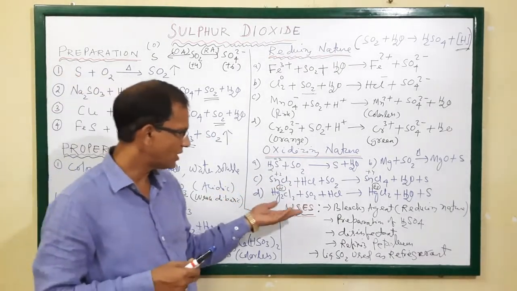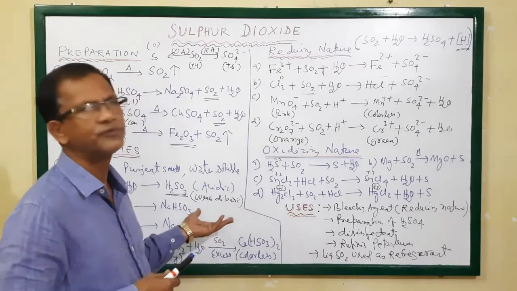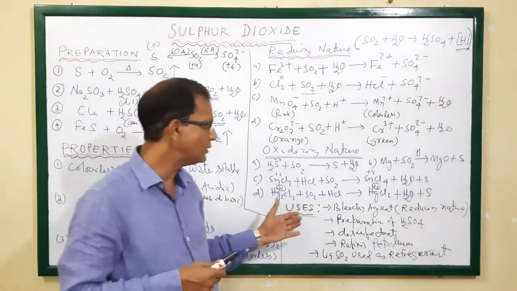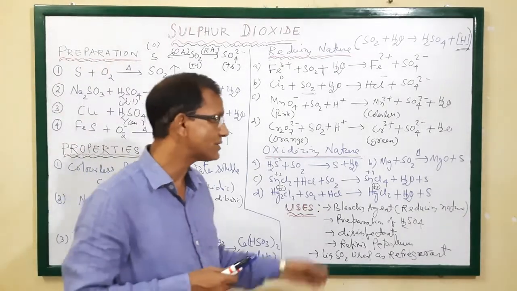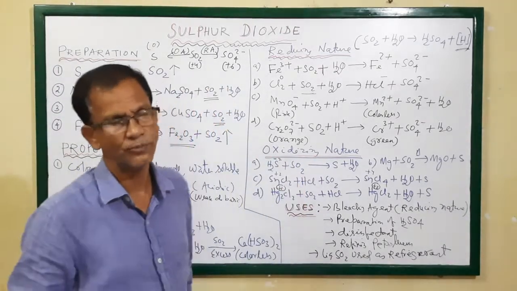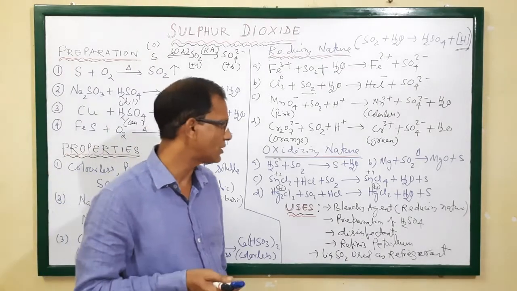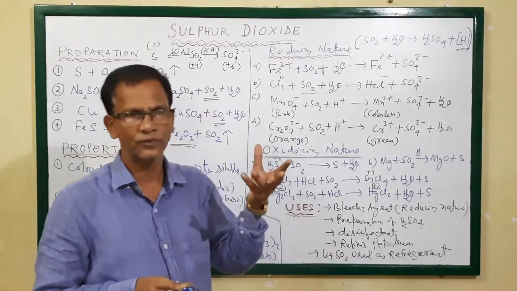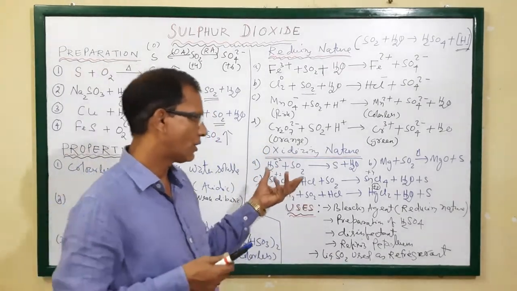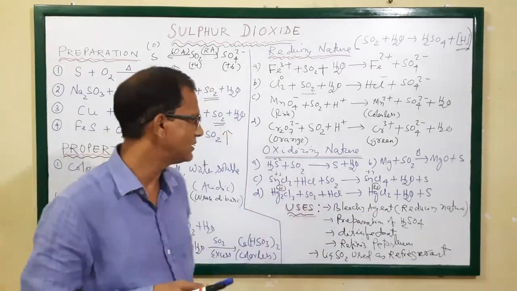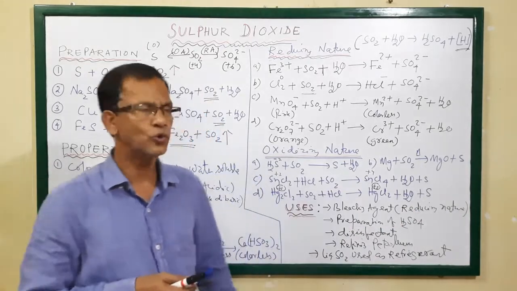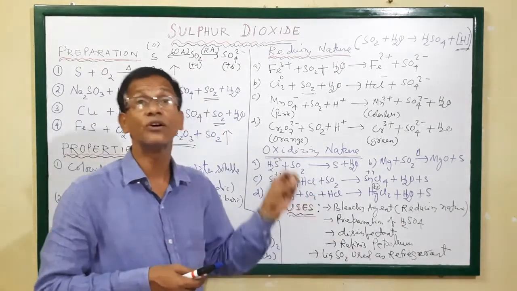What are the uses of sulfur dioxide? Sulfur dioxide is used as a bleaching agent. It decolorizes colored substances. If a colorful flower comes in contact with sulfur dioxide gas, it becomes colorless. So it decolorizes colored substances.